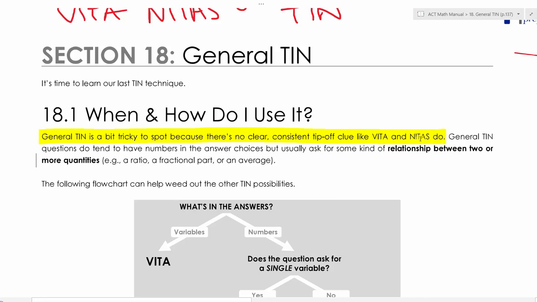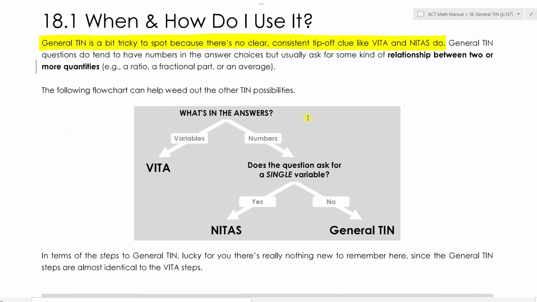Vita and Nidus, it was almost always very easy to determine that we could use those techniques. With General Tin, yes, you will generally have numbers in the answer choices, but instead of the question asking for a single variable or unknown, like questions that are amenable to Nidus do, the question will probably be asking for some kind of a relationship between two or more quantities.